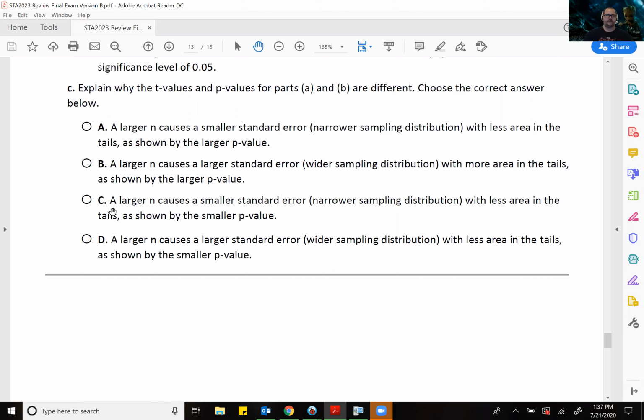A larger n causes a smaller standard error with less area in the tails. That's true. And a smaller p-value, because the smaller the area, the smaller the p-value. It's got to be C, because everything got smaller as we increased that size. And a larger n doesn't cause a larger standard error. It causes a smaller standard error.